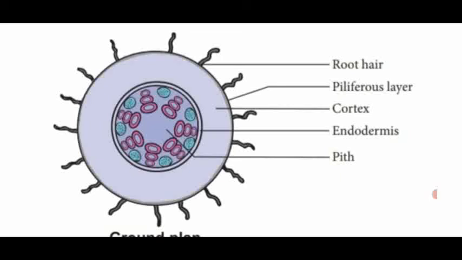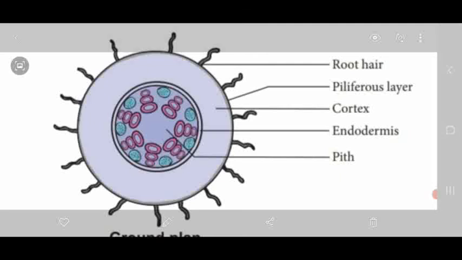See the xylem components. Protoxylem elements are facing towards the margin or periphery. So exarch xylem, but at the center they have a large space made up of thin walled cells, closely packed or loosely packed.